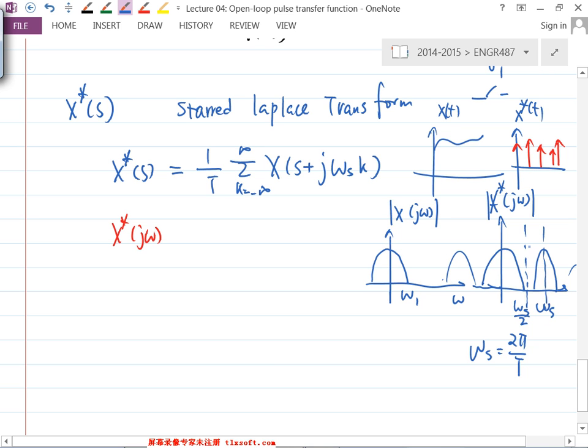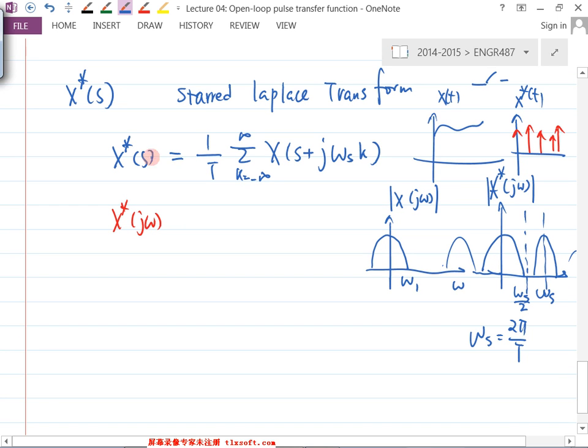They will overlap. When they overlap, this is the phenomenon we call aliasing. So that's the difference between x of s and x star of s.